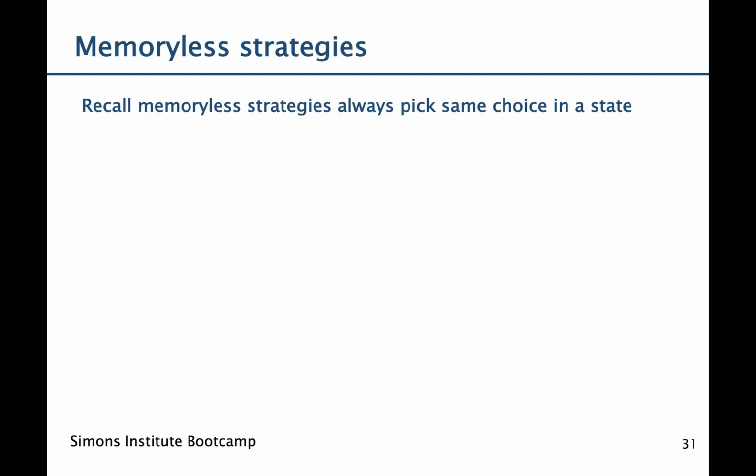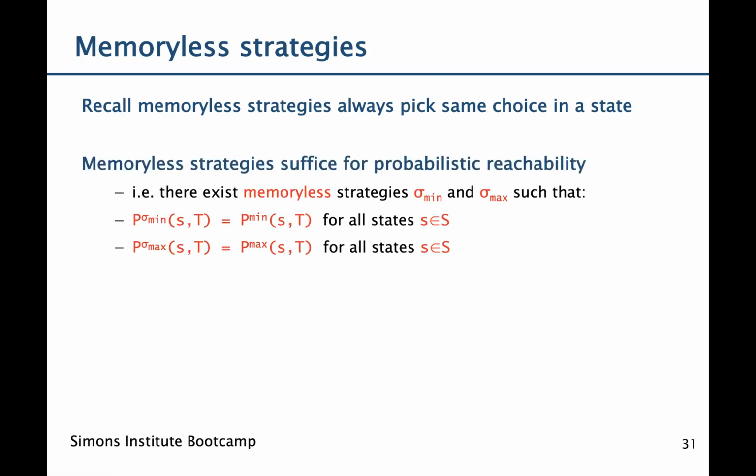As I said previously, memoryless strategies are actually sufficient for probabilistic reachability, and they are strategies that always pick the same choice in a state.